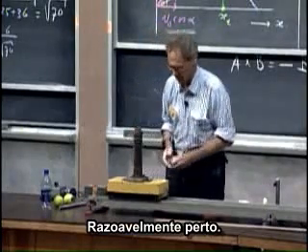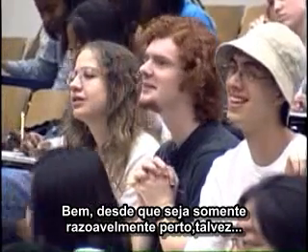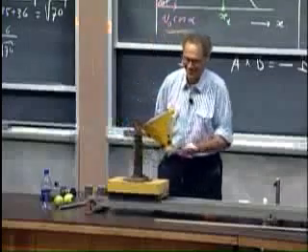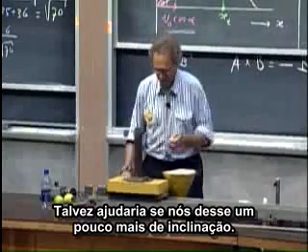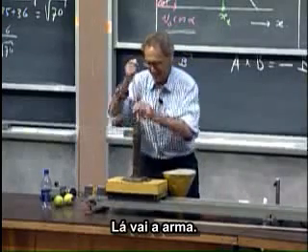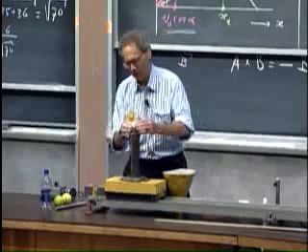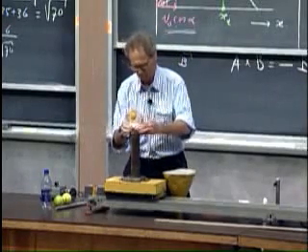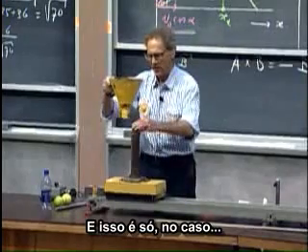Reasonably close. Well, since it's only reasonably close, perhaps it would help if we give it a little bit of leeway. There goes the gun. Here comes the ball. And this is just in case.